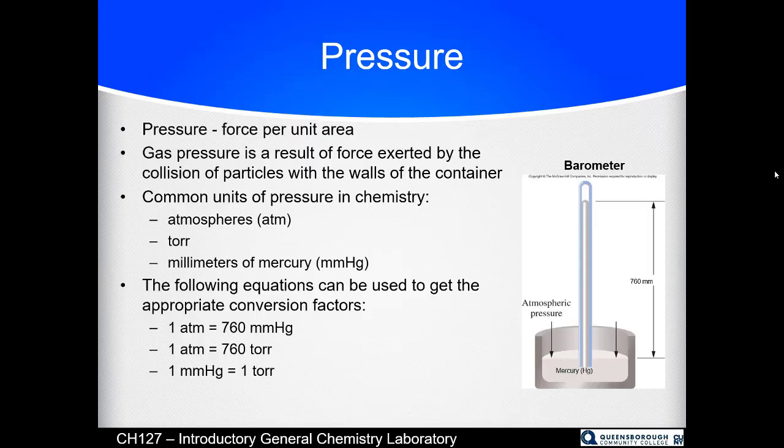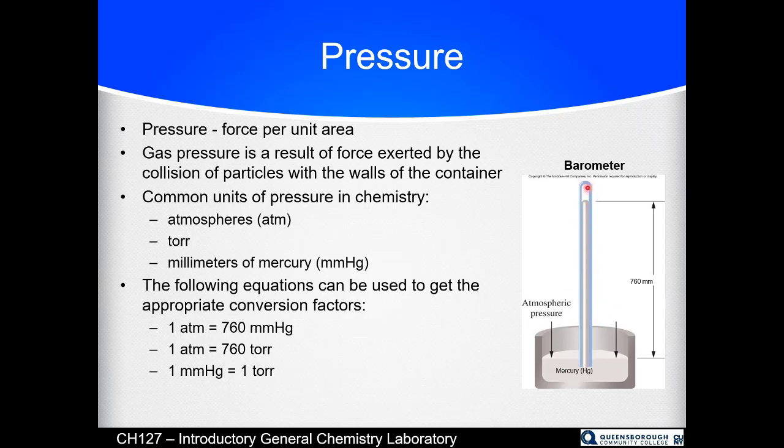Just a quick reminder, what is pressure? This is straight out of the textbook, that pressure is force per unit area, but we leave that to the physicists to play around with. Gases in the atmosphere colliding with the surface of mercury will force it up in a column to a height of 760 millimeters. This would be a tube that you would have upside down.